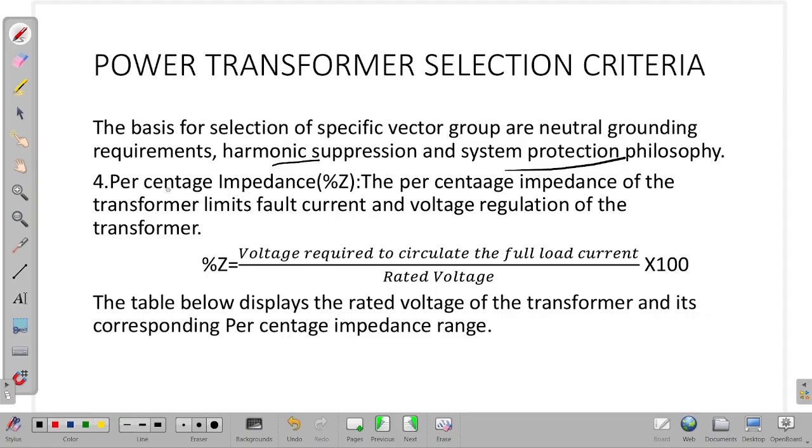Fourth one is percentage impedance. The percentage impedance of the transformer depicts the fault current and voltage regulation of the transformer. The percentage impedance is calculated as the voltage required to circulate the full load current divided by the rated voltage, into 100. The table below displays the rating of the transformer and its corresponding percentage impedance.